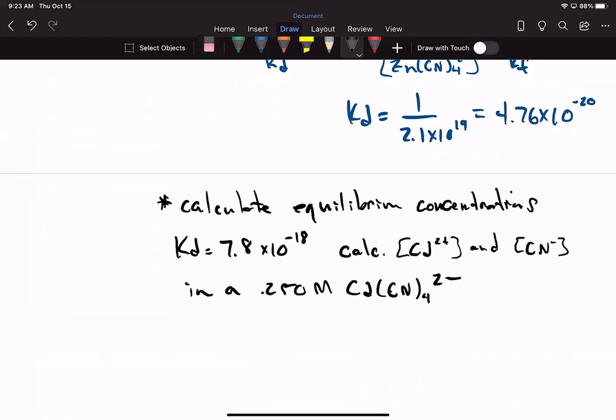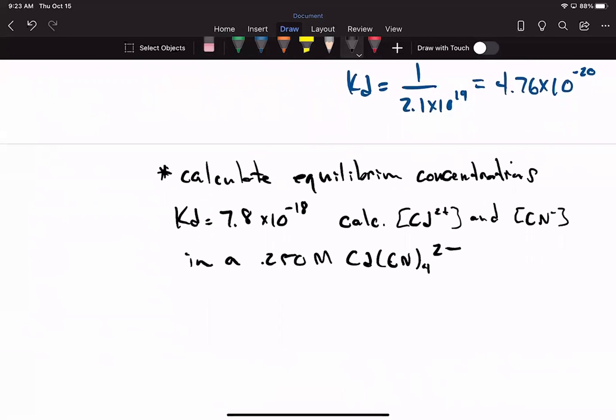All right. So our KD here. So let's put this together. Let's calculate the concentrations.